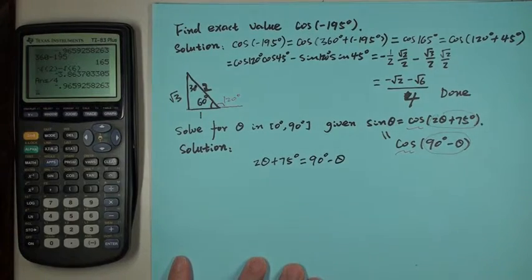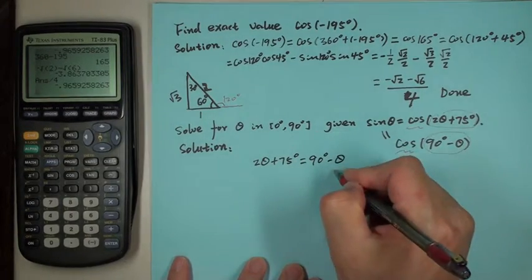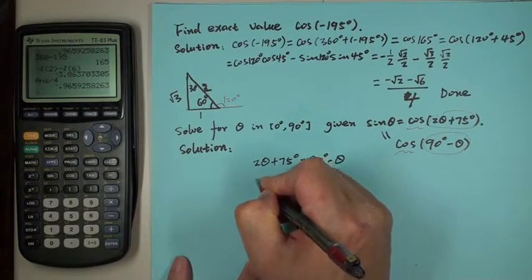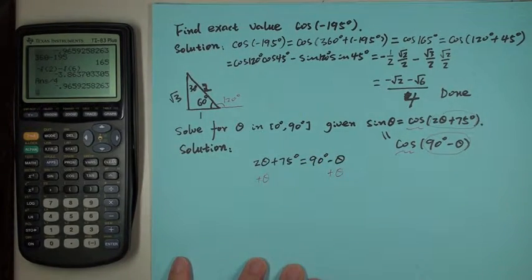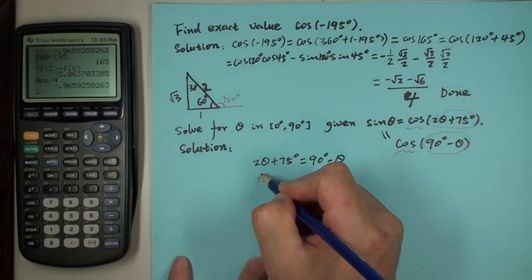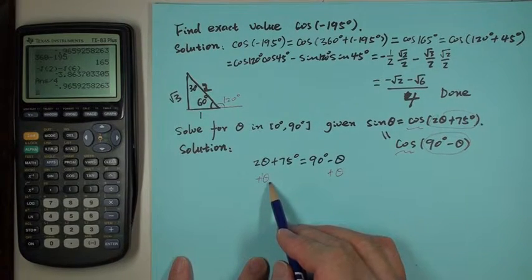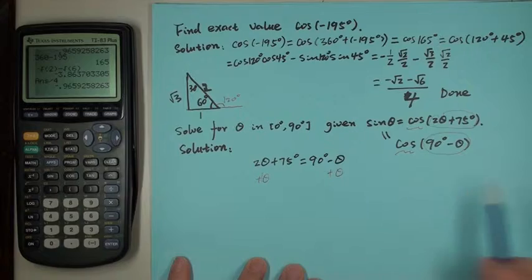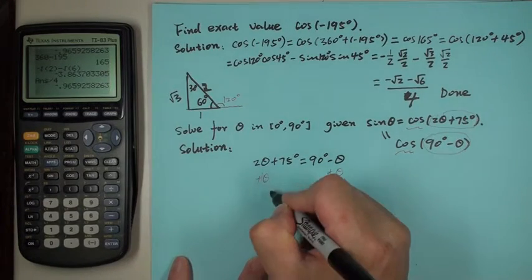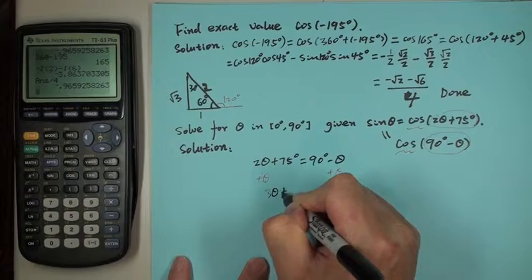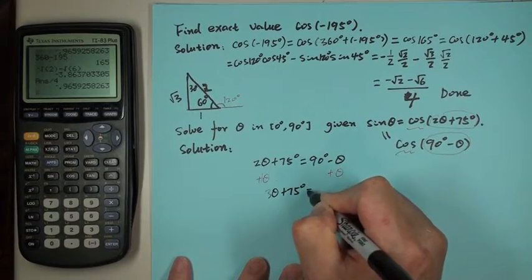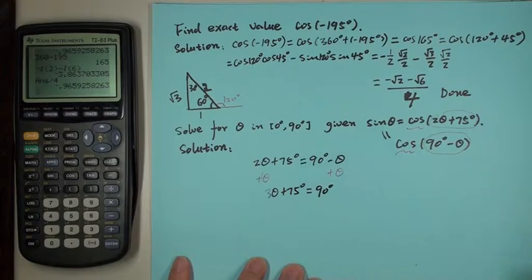Now add theta to both sides. Remember, plus theta means 1 theta, because 1 times theta is still theta. Then 2 theta and 1 theta together is 3 theta, plus 75 degrees equals 90 degrees, since the positive and negative theta cancel. Now keep going.